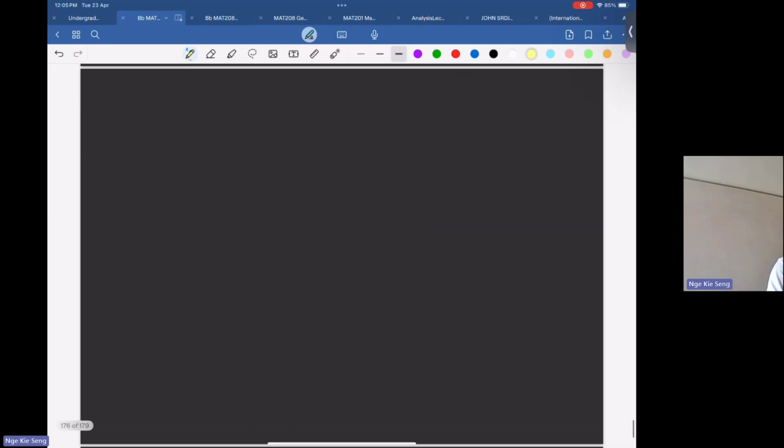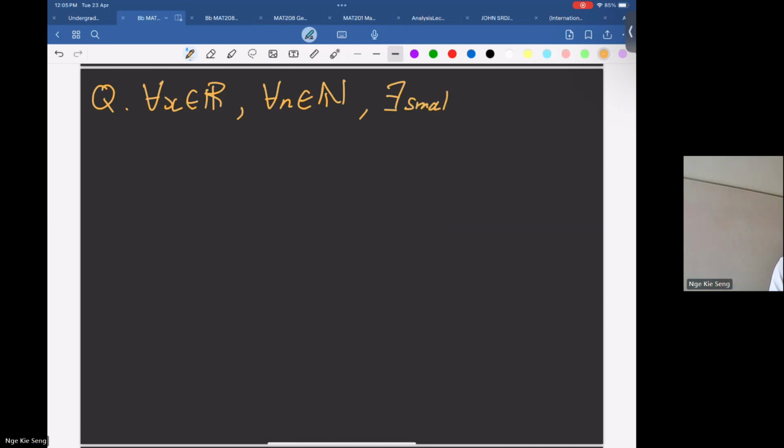There's one part of a proof that I said: for every x in R and for every n in natural numbers, there exists a smallest m in the integers such that x is less than or equal to m over n.